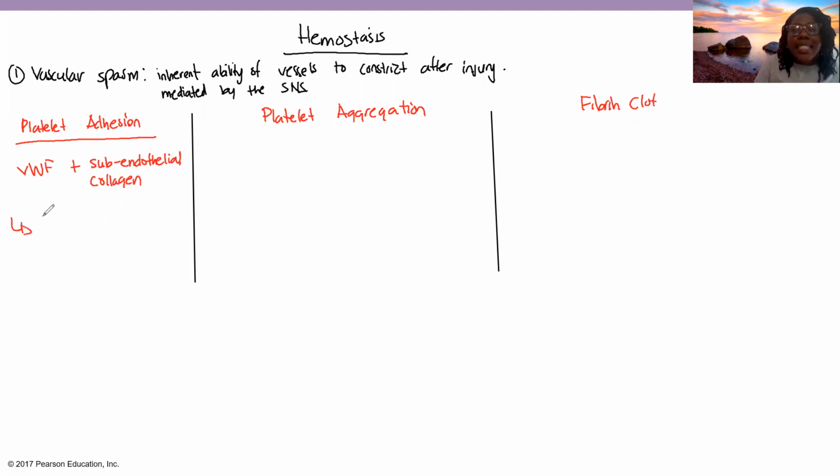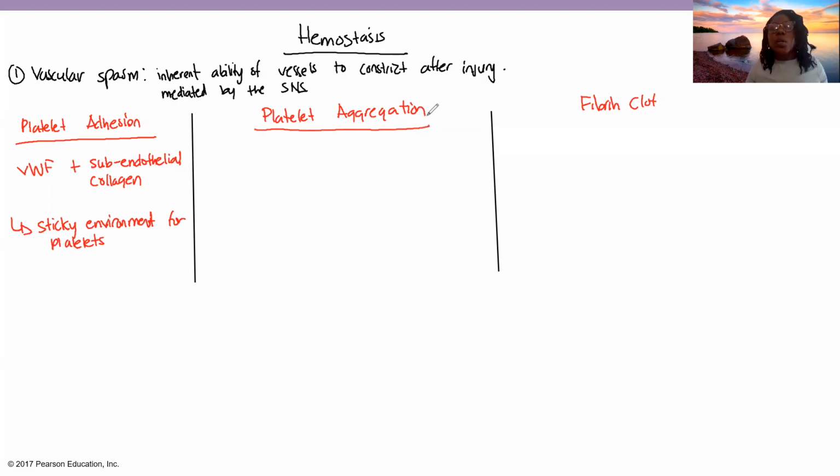This results in a sticky environment for platelets. So that's the initial adhesion of those platelets. We then have platelet aggregation.